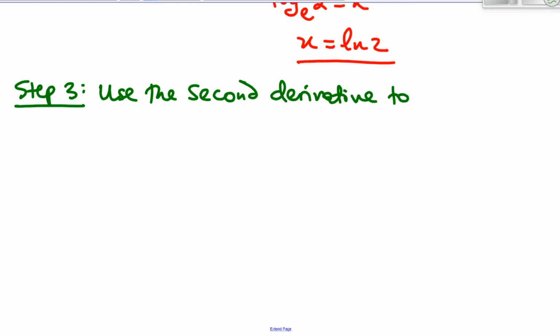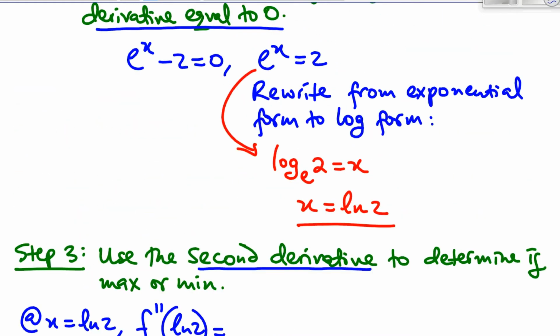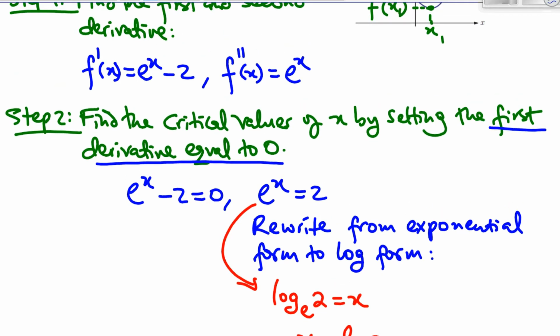At our critical point, x = ln 2, what will be the value of the second derivative? We need to plug this into the second derivative, and by the way, the second derivative is this one here.